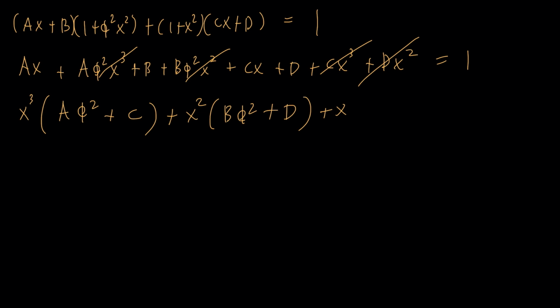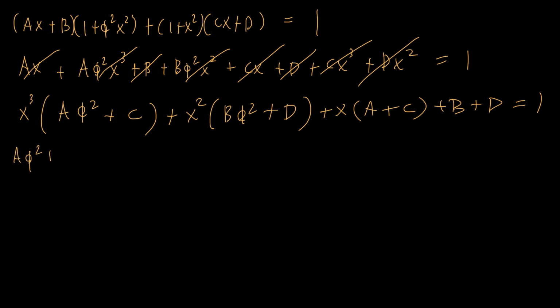Factoring out the x terms, we'll have a plus c, and the constants left over are b plus d, is equal to 1. So for this expression to be true, a phi squared plus c must be 0, b phi squared plus d is also 0, a plus c is 0, and b plus d is equal to 1.